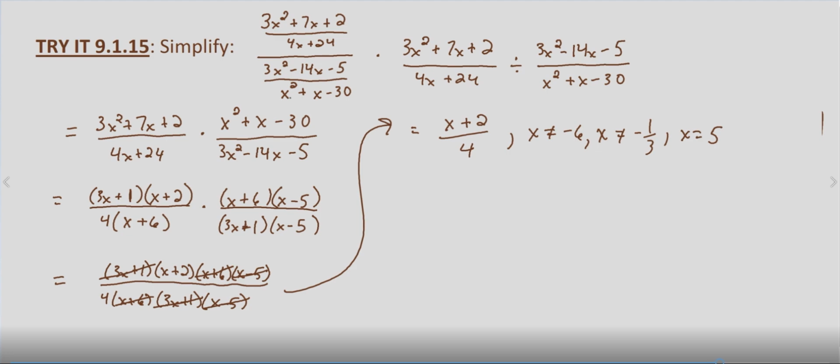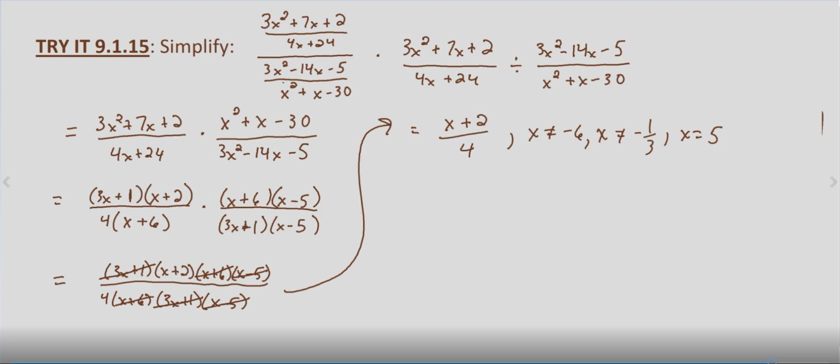Technically, we also would need to look at any of the factors that didn't cancel, that came from the original two denominators, whether it would be 3x squared minus 14x minus 5, or x squared plus x minus 30, because those would make our original denominator 0.